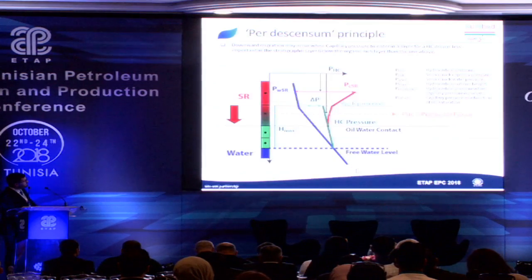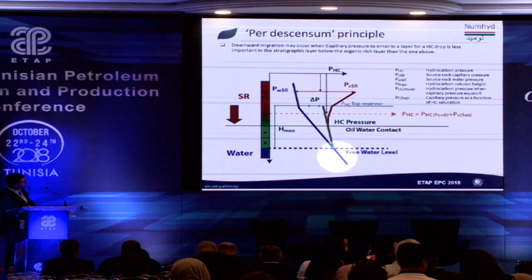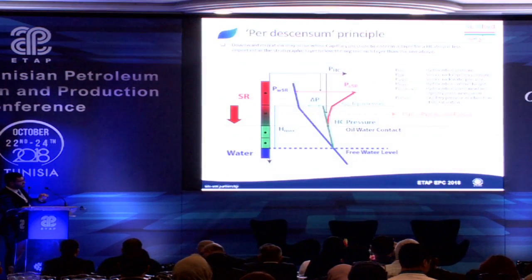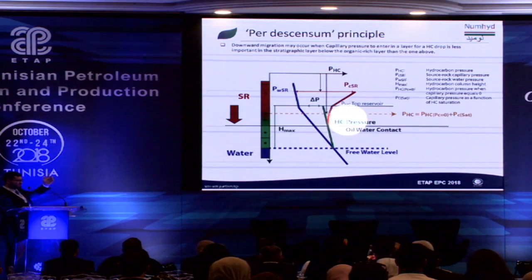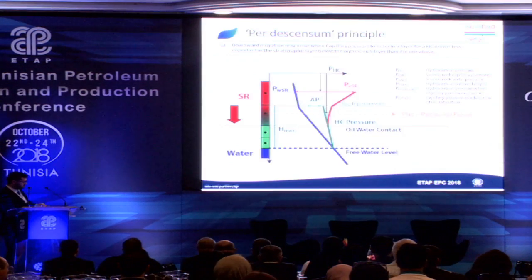When we arrive more or less here, the pressure is about the same as the pressure here, and it means that you reach the maximum filling of your reservoir. If you continue to put HC fluids inside the reservoir, leakage appears in the seal. So you have a maximum filling of your reservoir.